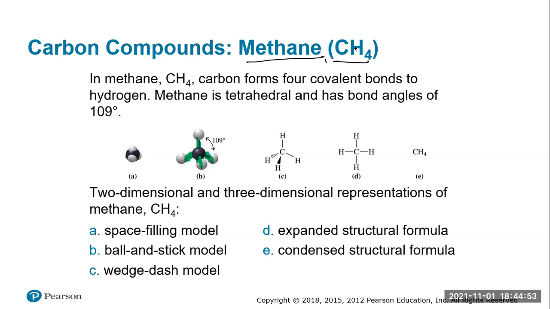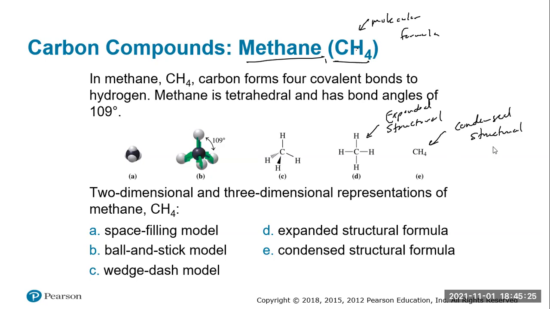There are a few different ways we can represent these formulas. This is obviously the molecular formula. We could also draw this out. This is what is referred to as the expanded structural formula, as you can see on the bottom. This is the condensed structural formula.